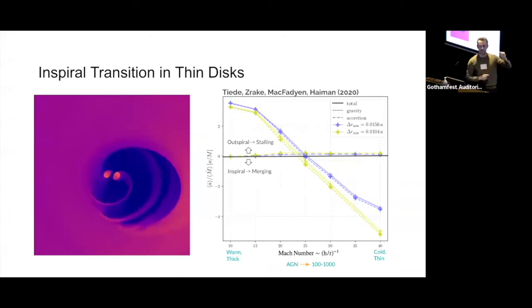But as you consider colder, thinner disks, you're able to pack more material into the cavity edge and this characteristic egg structure. That changes the balance of positive and negative torques and causes the negative torques to start winning the battle and driving the binary together. Does that answer your question? Yes, very much so. Thank you.